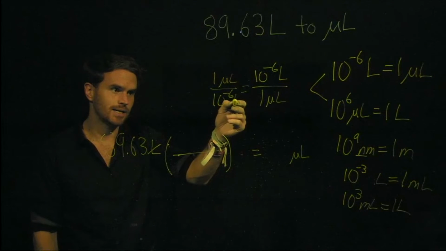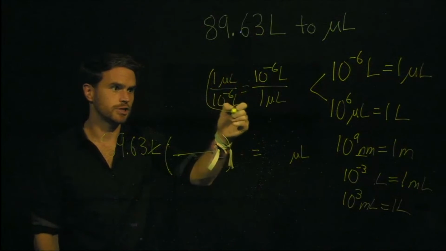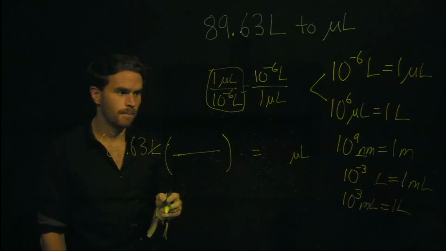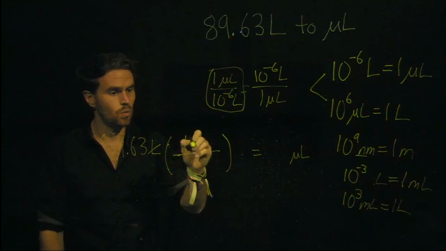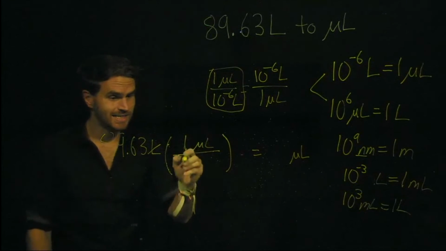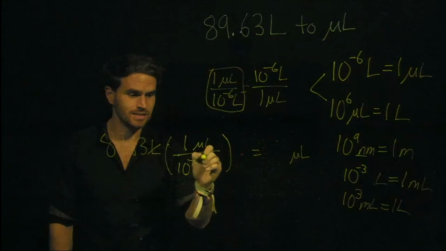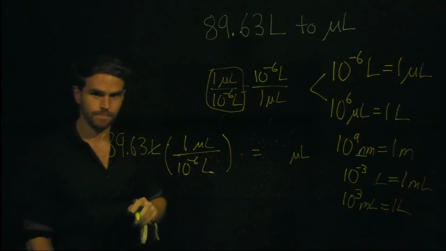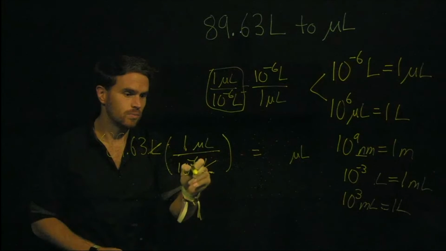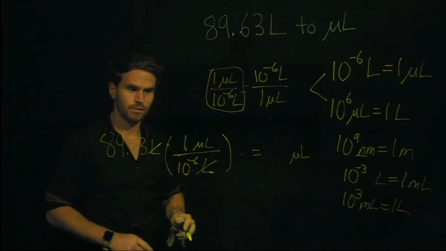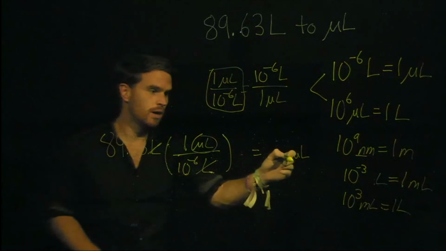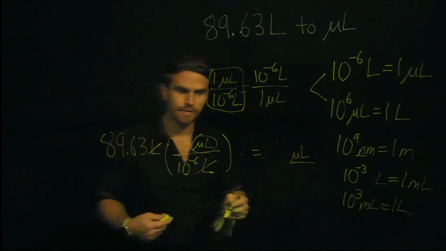And immediately I can identify that this version will allow me to go to microliters because it has 1 microliter in the numerator and 10 to the negative 6 liters in the denominator. And when you multiply fractions, you can cancel out things that are in the numerator and the denominator. This leaves me with just microliters in my numerator, which is what I want in my final answer.